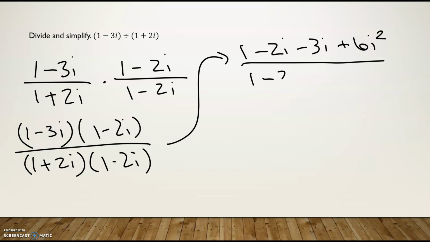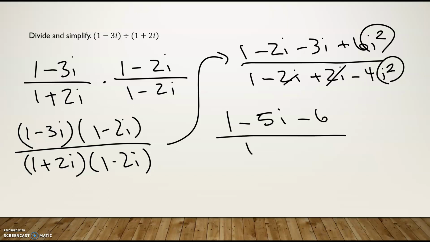1 times negative 2i is negative 2i. 2i times 1 is 2i. Positive 2i times negative 2i is negative 4i squared. And I'm just distributing. 2i's can go away. I have 1 minus 5i. This right here will change 6 to negative, so negative 6.